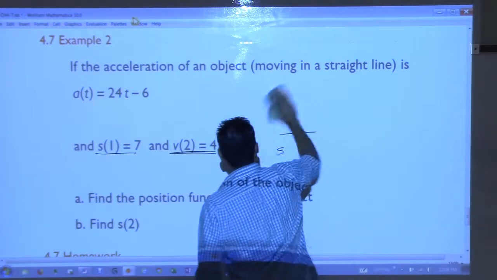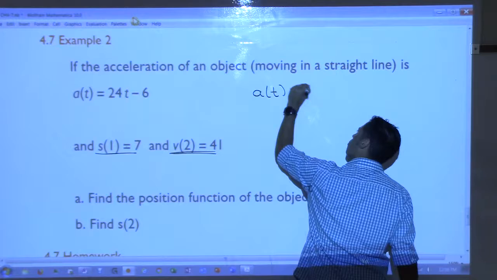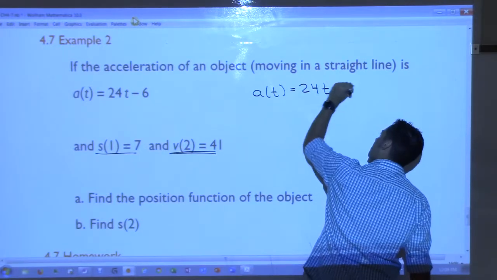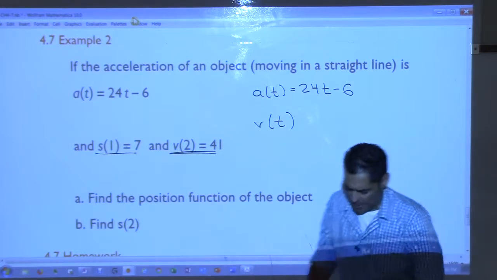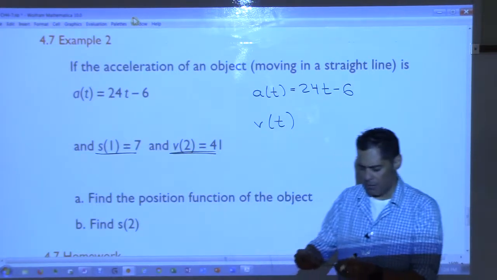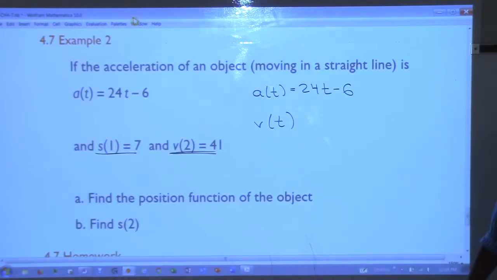So our acceleration function is 24t minus 6. So our velocity function would be, Max, are you ready for this or no? Are you feeling okay or no?